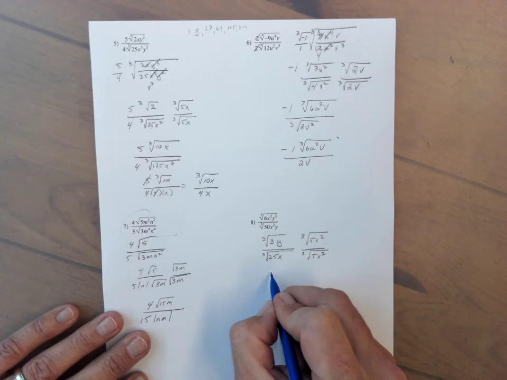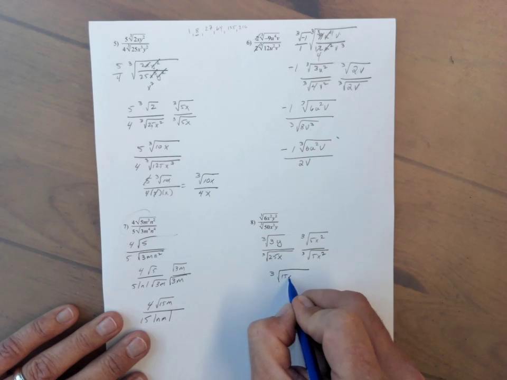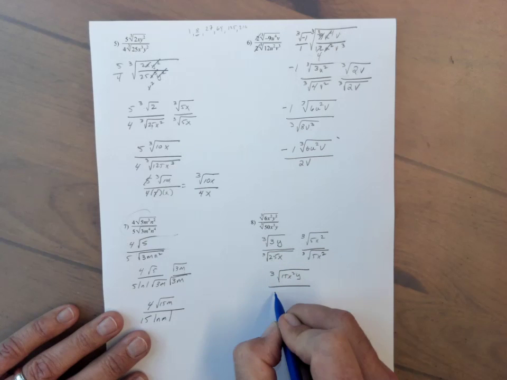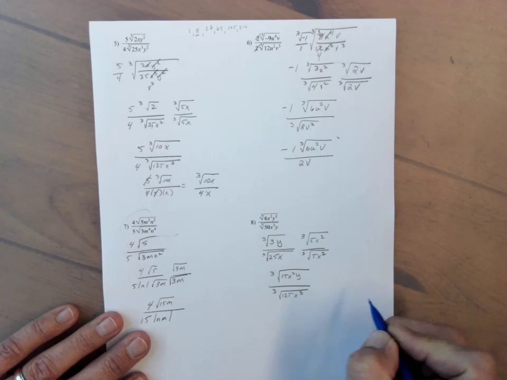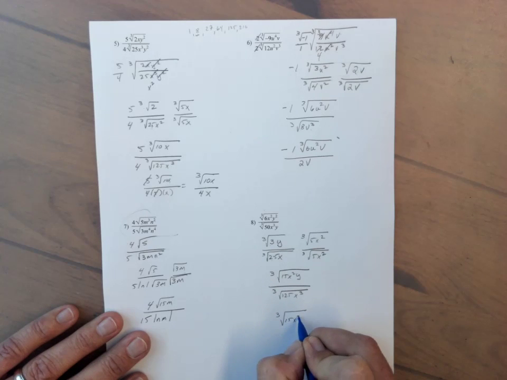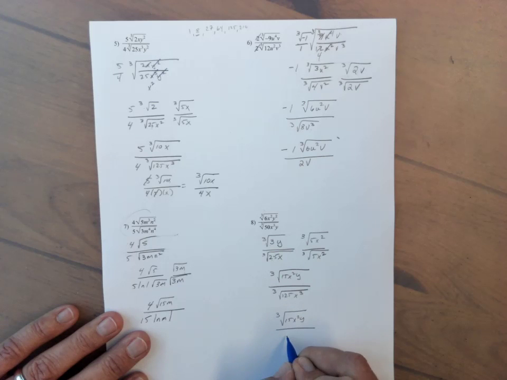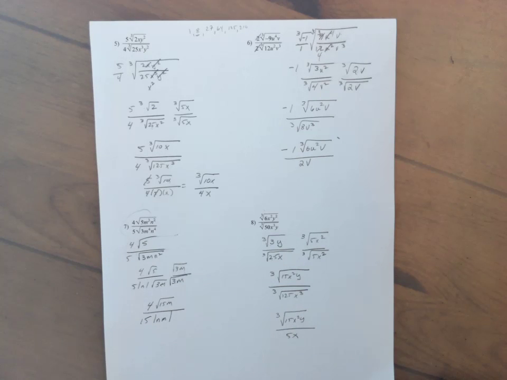In my numerator, cube root 15 x squared y, denominator cube root 125 x cubed, and now we have the cube root of 15 x squared y, and in the denominator we have 5x.